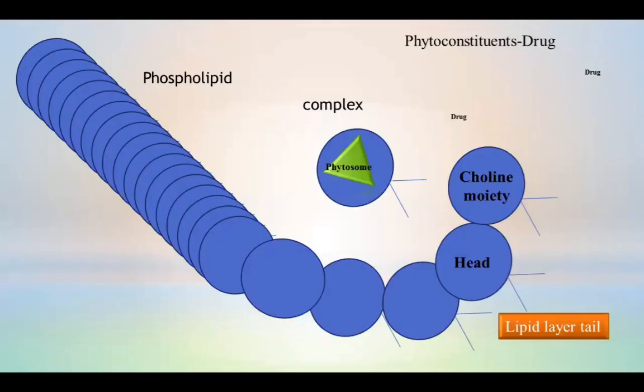The drug moiety and phospholipid complex is known as phytosome. This increases the viability of drugs like terpenoids and other glycosides, which are mostly water-soluble compounds that are not viable in the body. This concept of phytosome will increase the viability in the body, increase the absorption, and increase the effect of the particular drug.